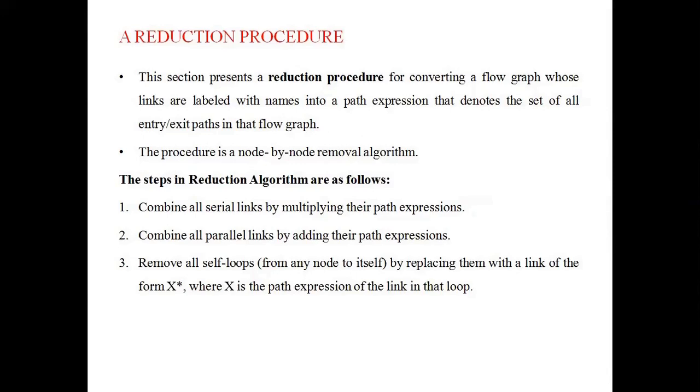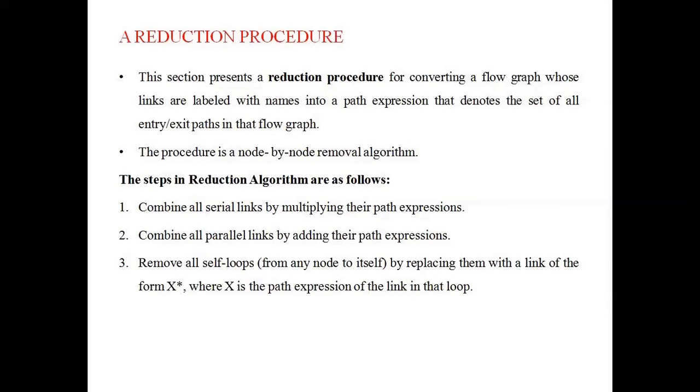Okay, so the reduction is generally done by the node removal algorithm. How will the reduction procedure be performed? It will be performed by node removal. The path expression will be generated after the node removal is completed.